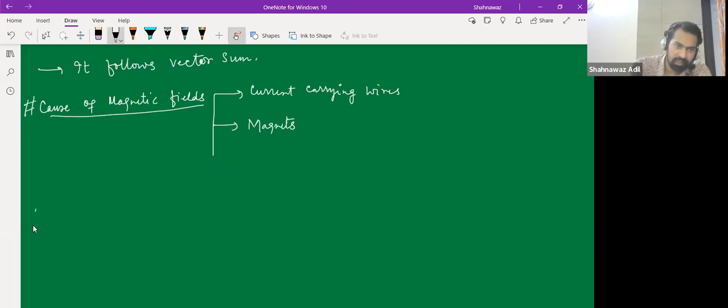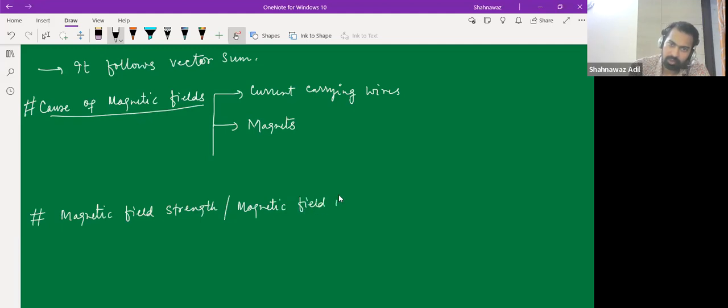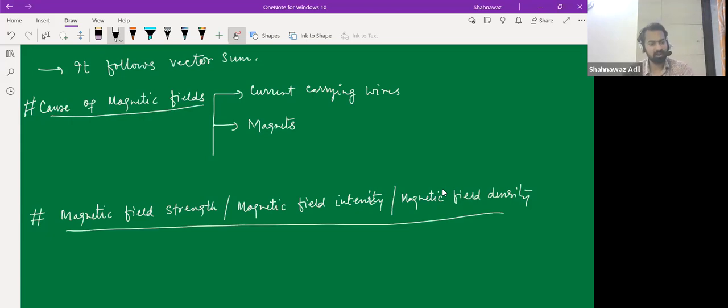The next topic is magnetic field strength, or we can call it magnetic field intensity, or magnetic field density. Magnetic field is not a measurable quantity.